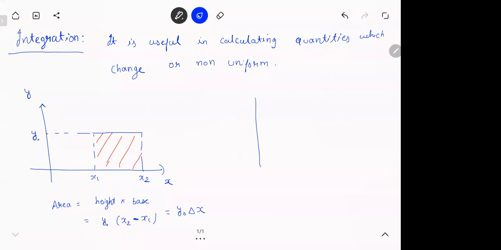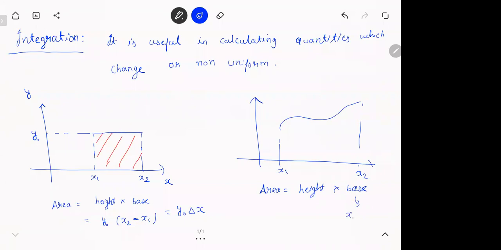But the problem comes, what if I take something like this? Now, if I ask you to find the area of this, let's say this is x1, this is x2, and I try to apply the same formula, height into base. Base, though I know, is x2 minus x1, but what will I take as height?